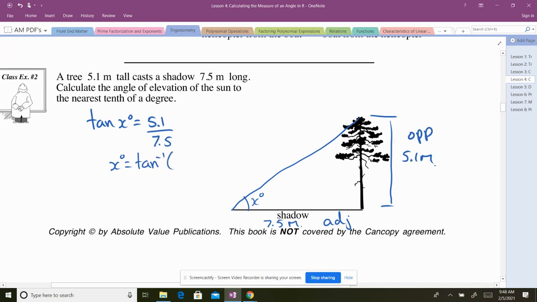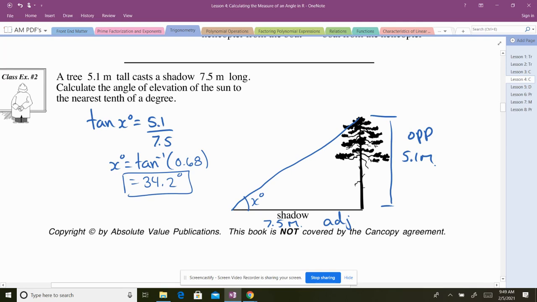Divide 5.1 by 7.5 to get 0.68. And then do the second function tan, the inverse tan, or the arctan if you want to be correct. What mode does your calculator always have to be in, people? Degree mode. 34.2.